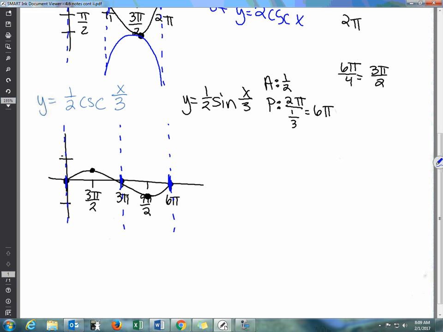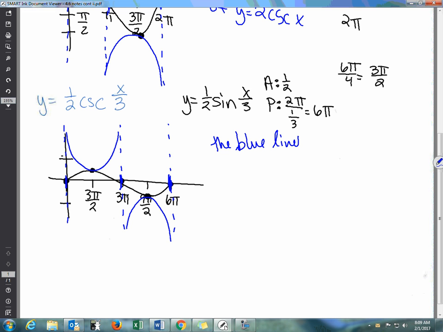And so then at this maximum point, at 3 pi over 2, instead of it being a maximum, now it's going to be a minimum. And then at 9 pi over 2, instead of this being a minimum, now it's going to be a maximum.